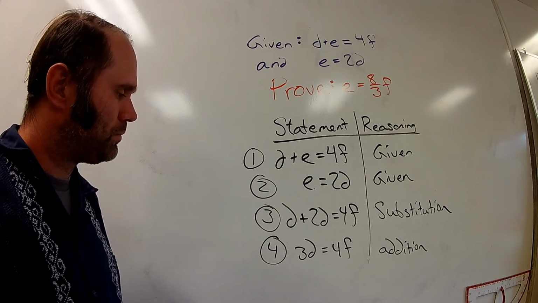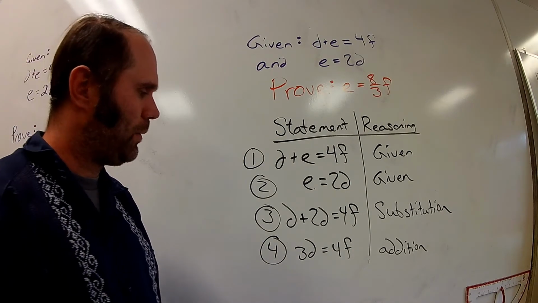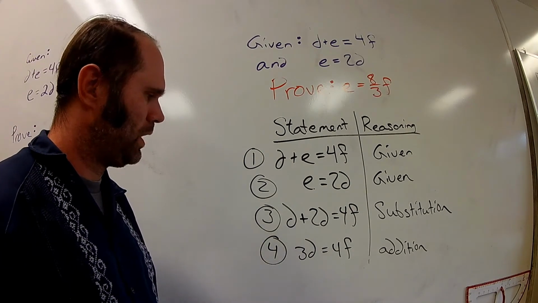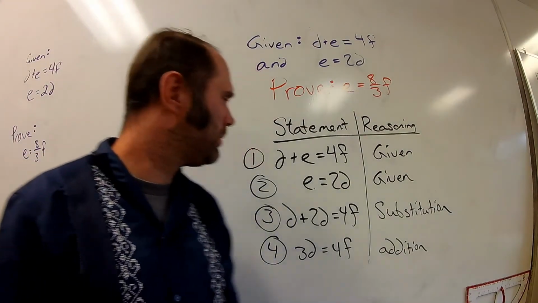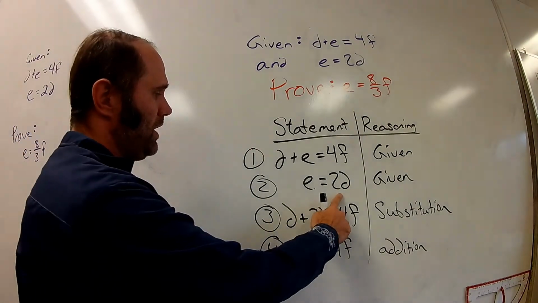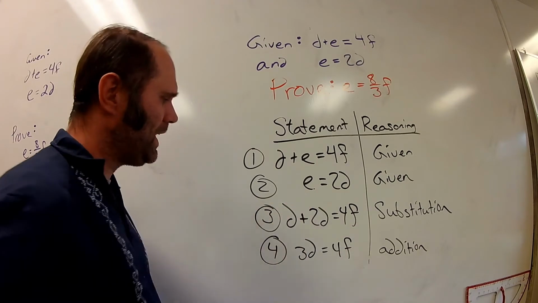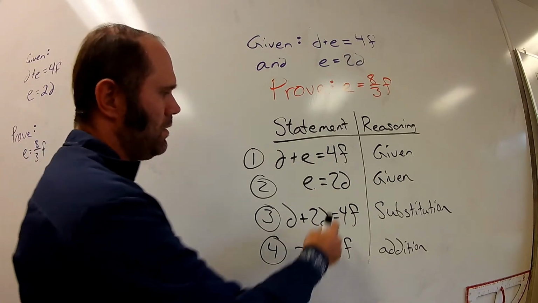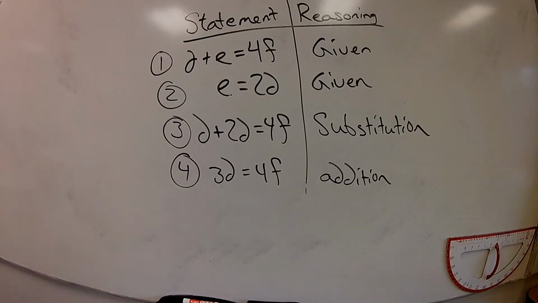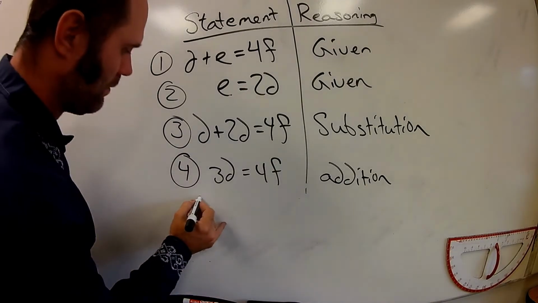So now I want to get D by itself. I want to know what D equals. I know what 2D equals. It equals E. I'd like to know what 1D equals. All right, number 5.